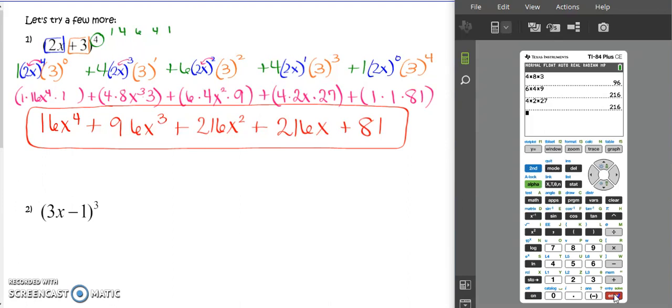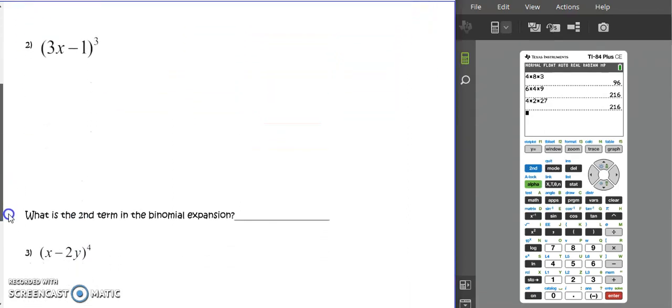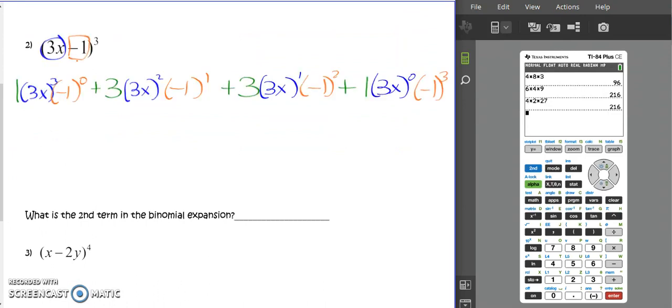Okay? Why don't you look at the second one, hit pause, and see if you can set it up for me. Alright guys, so this is how you should have set this up. So, let's start focusing on simplifying each piece. Pause and look at this if you need to, because this negative is different.